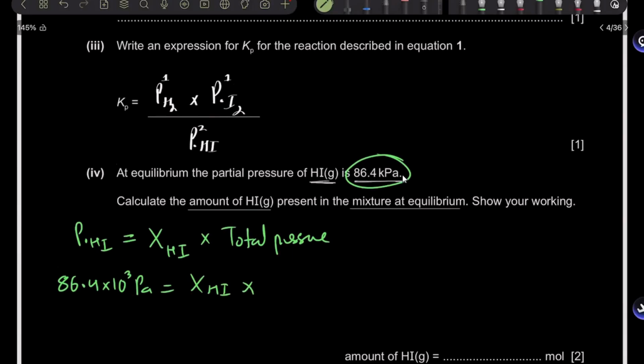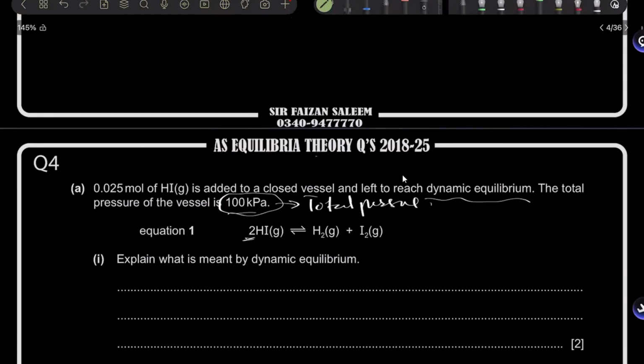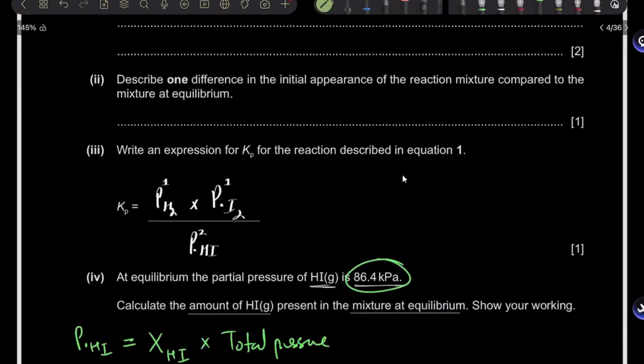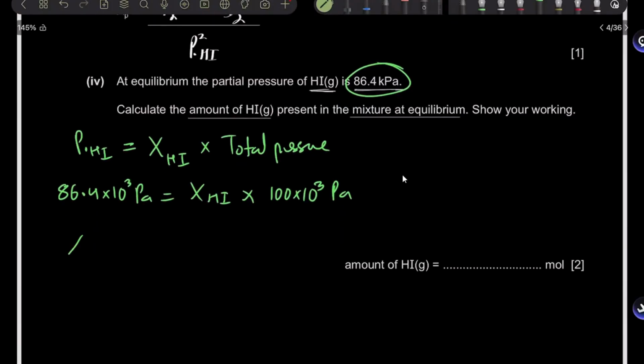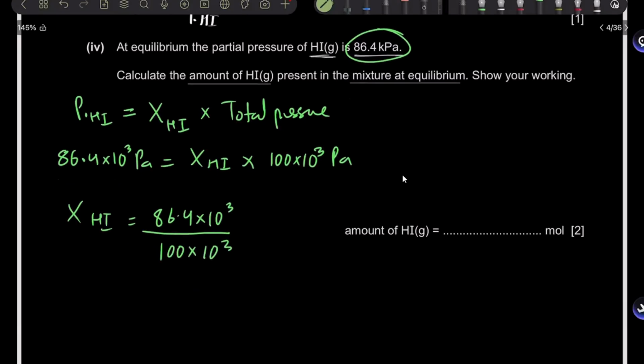The total pressure, I know it's given in the question. It is 100,000 pascals. So it is 100 times 10 raised to the power 3 pascals. So now, in order to find the mole fraction of HI, I'll divide 86.4 times 10 to the power 3 by 100 times 10 to the power 3. So what do I get?